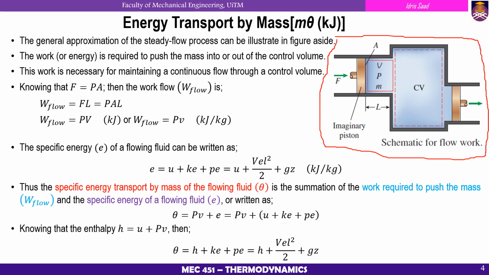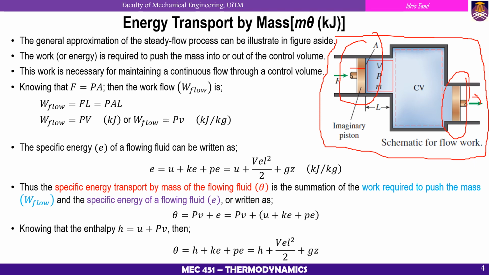If we refer to that figure, we can make an analogy of the piston at the inlet and at the outlet of the system to simulate the mass flow in and out of the system. So we can use this as a piston cylinder device at the inlet, and this is also a piston cylinder device at the outlet.